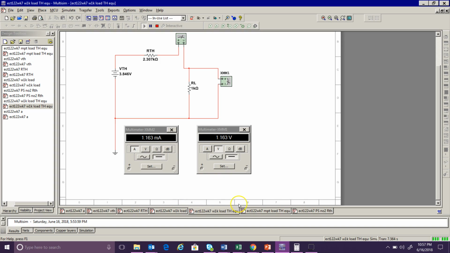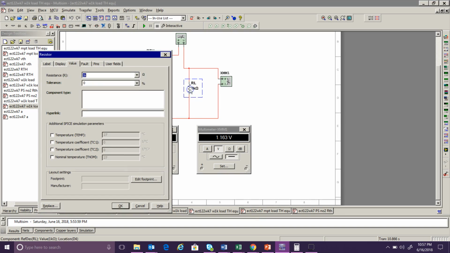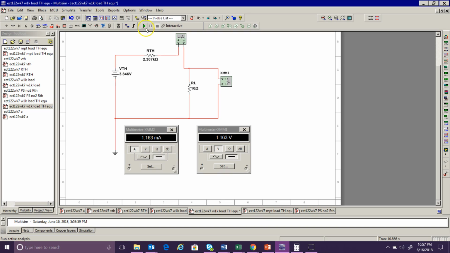So I did the measurements both ways just so we could see an example of each. And they do match. And so then I could easily take this and change this load value and rerun my circuit and see how that affects my current and my voltage.